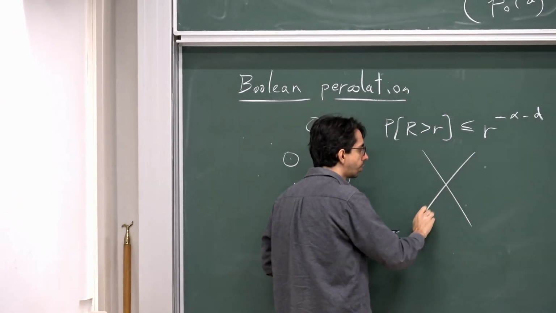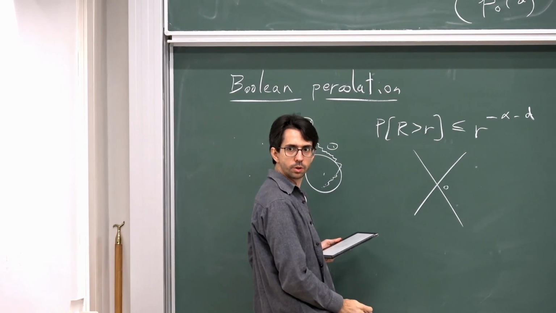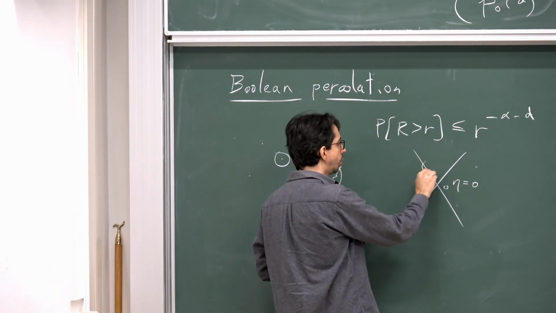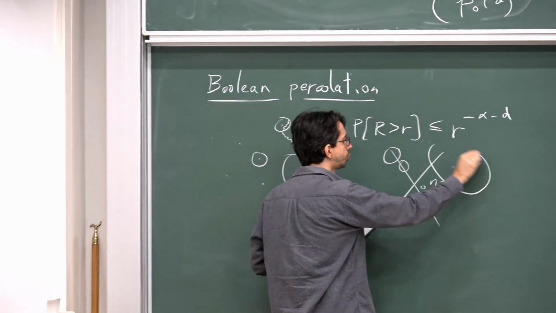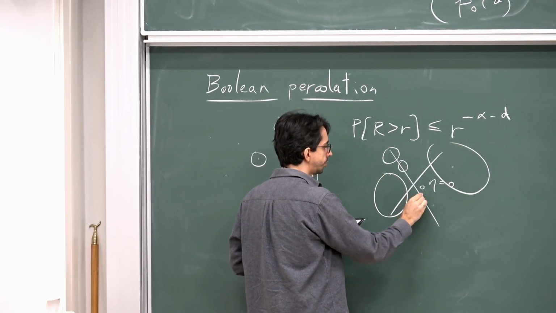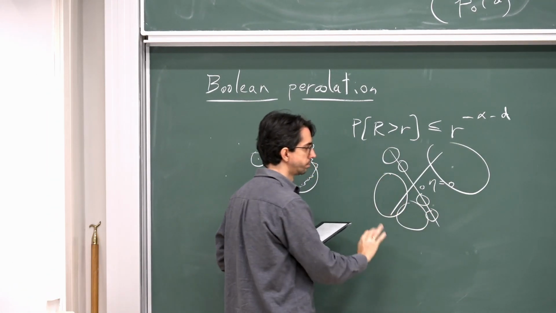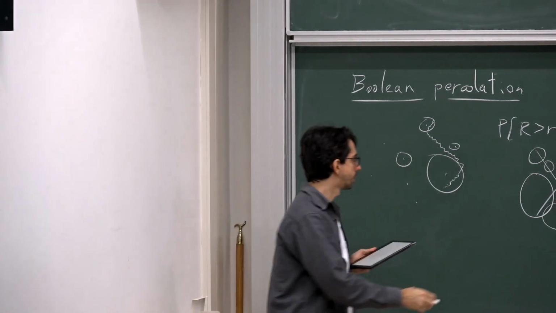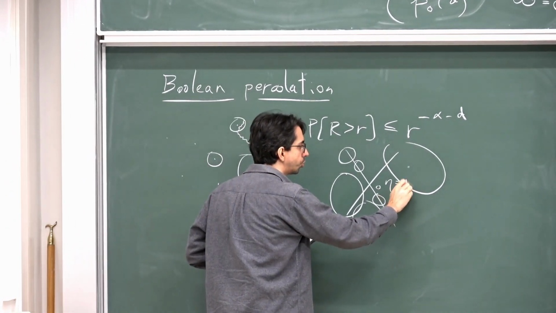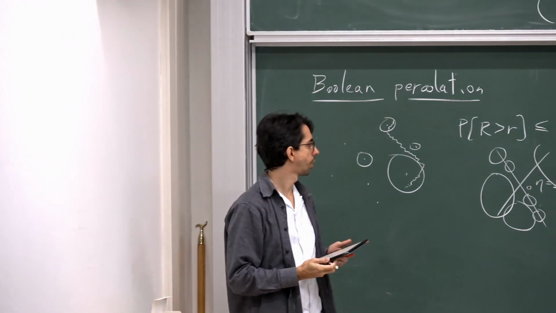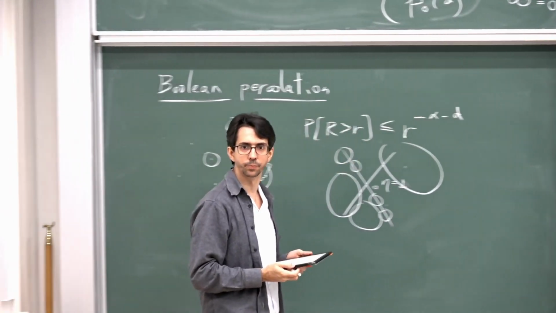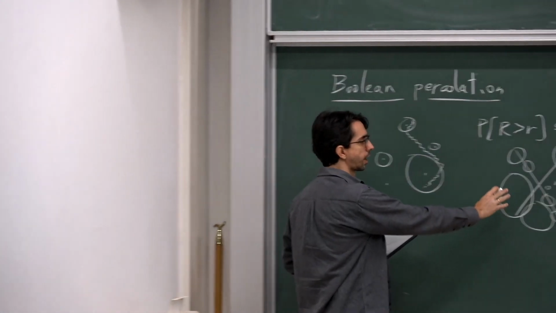You basically look at the origin here and you say that eta is 0 if no ball that touches the future cone touches the past cone. If this is true, then you say eta is 1. Sorry, you decoupled. And now I have to prove this thing here, but it's doable. So these are decoupling times.